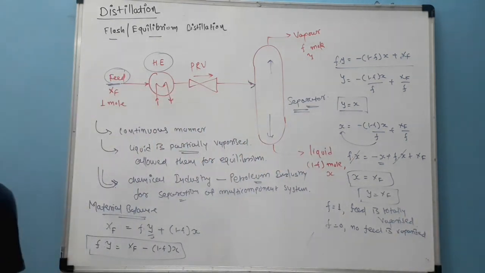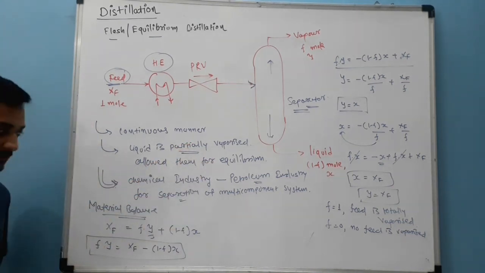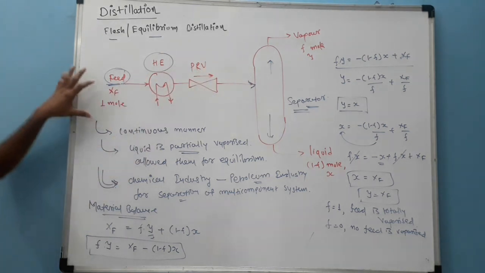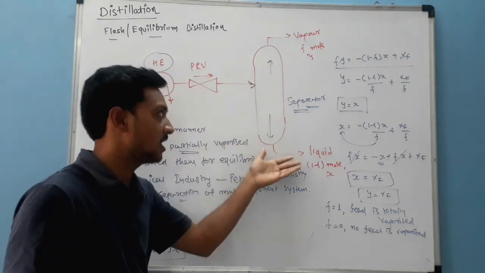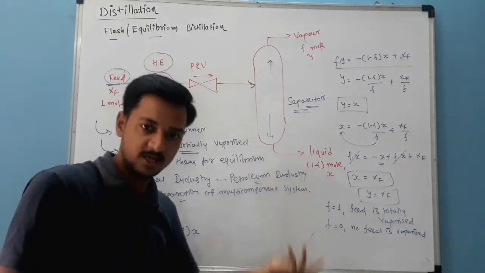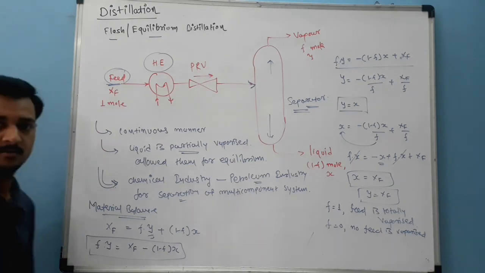Got it? This is the simple material balance of flash or equilibrium distillation. In is equal to out. What is in? Feed, mole fraction XF. Out, vapor and liquid. F mole and 1 minus F mole. Simple. Got it? Thank you.